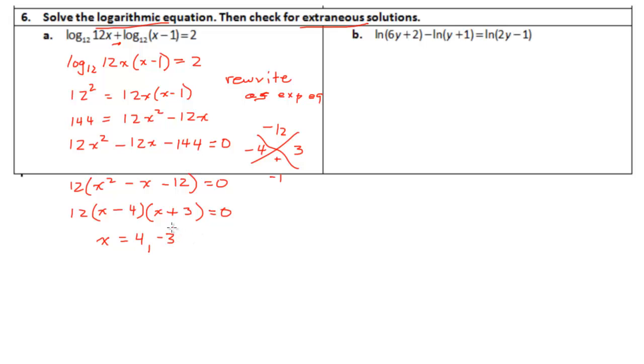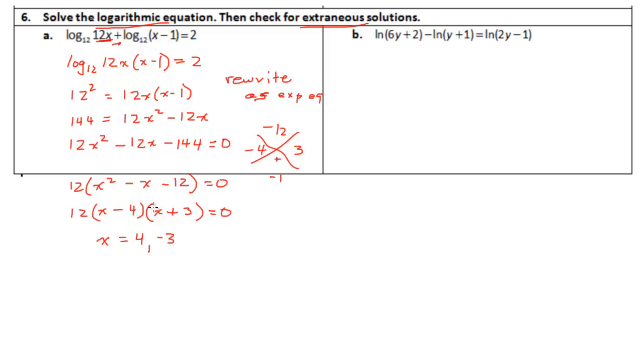Now, here's the key. If I plug in negative 3 for this expression here, I'm going to be taking log base 12 of negative 3 times 12, which is negative 36. I can't take a log of a negative number.